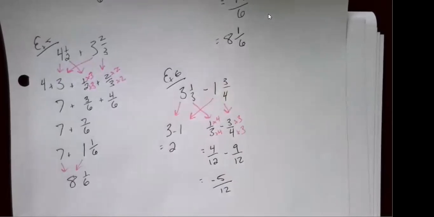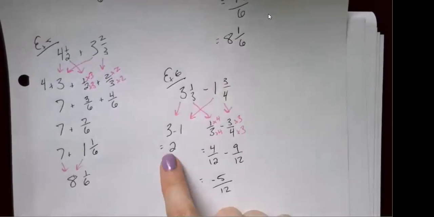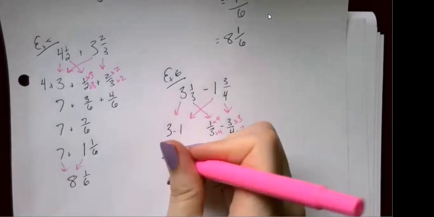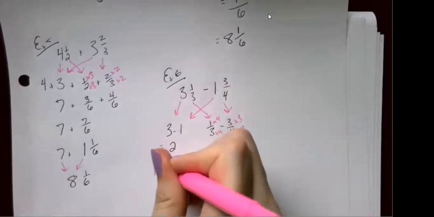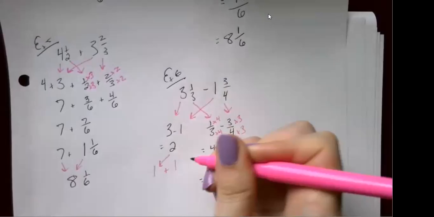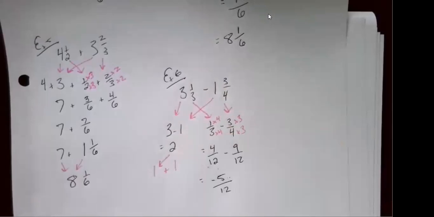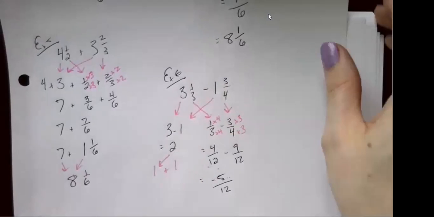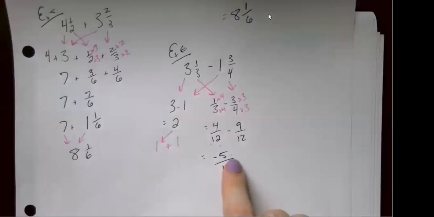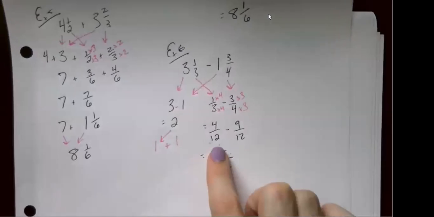And this is where it gets tricky, because I can't have 2 and -5/12, because I can't have a positive whole number and a negative fraction. So what I have to do is take this 2 and split it into 2 ones. I'm then going to take one of these ones and add it to this -5/12.